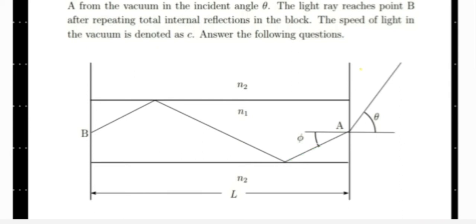So look, the first thing you need to note in this drawing is that this line over here is parallel to this line over here, and this is a line that is cutting them. So this angle over here is theta 2, okay?